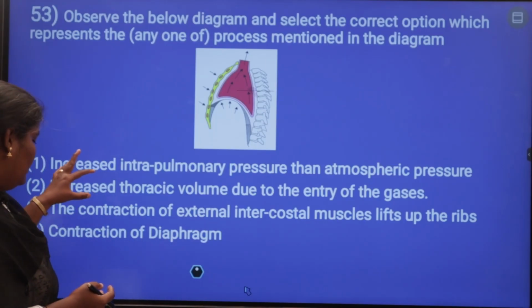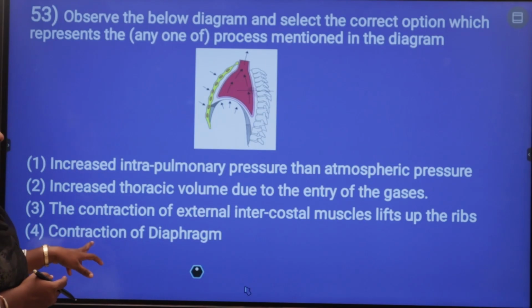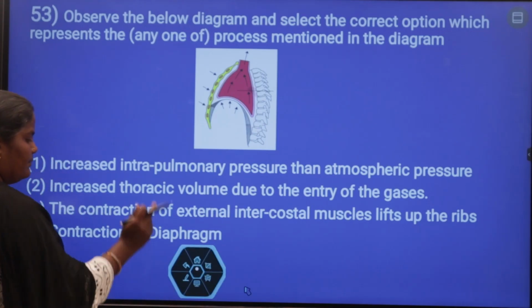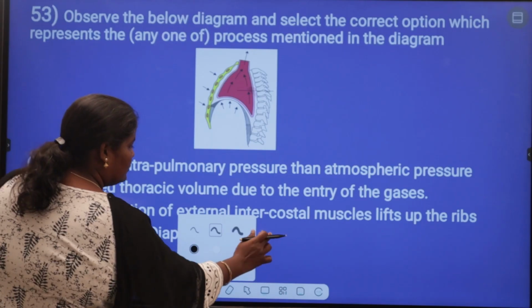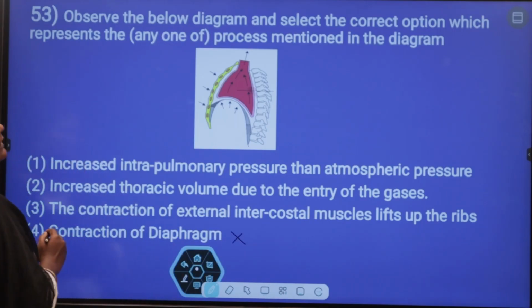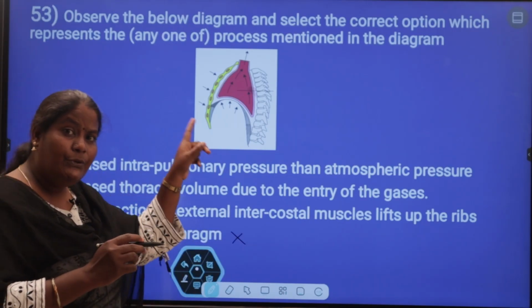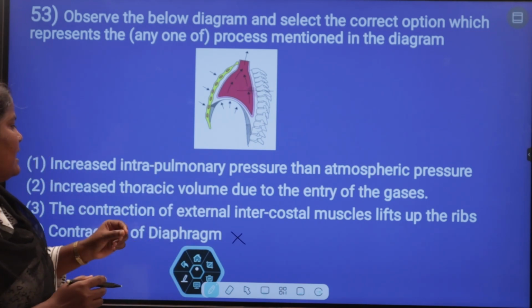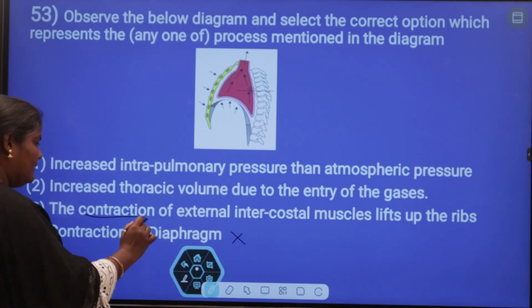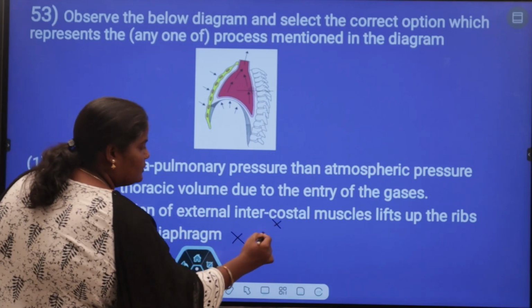Based on this, let's discuss which option is correct. Contraction of the diaphragm, no, it's a wrong statement, because in this diagram relaxation of the diaphragm takes place. So it's a wrong statement. They are insisting you to select the correct option. So the last one is wrong. The next one is the contraction of, no, they are not contracted, they are relaxed. So this statement is also wrong.